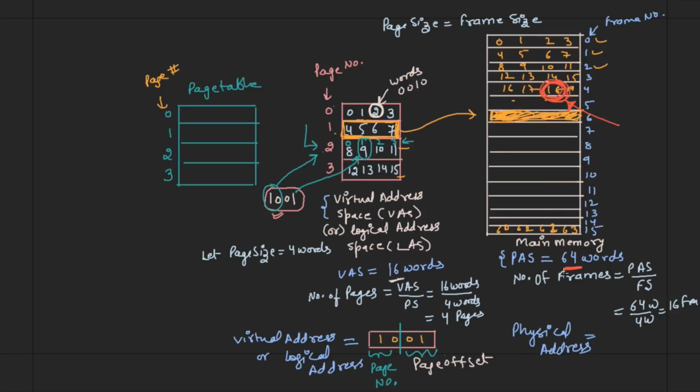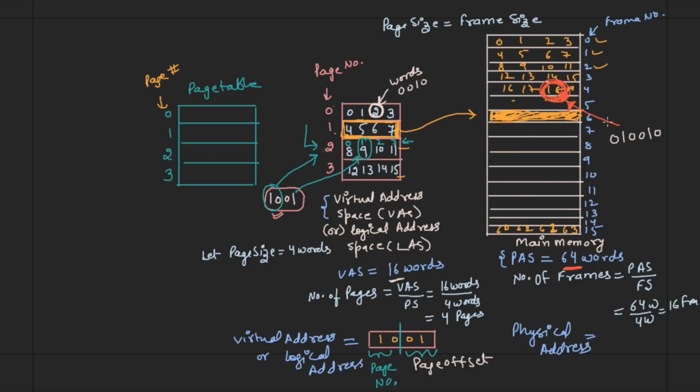That means we need a total of 64 combinations from the binary numbers so that we can represent every word uniquely, right? So to represent 64 combinations we require at least 6 bits, right? So to represent this number, which is 18, if I write it in binary, it will be 0 1 0 0 1 0.